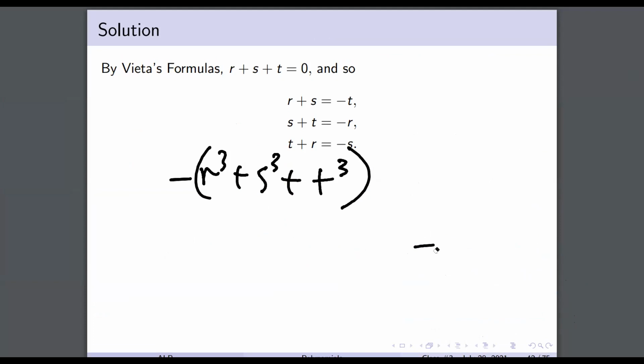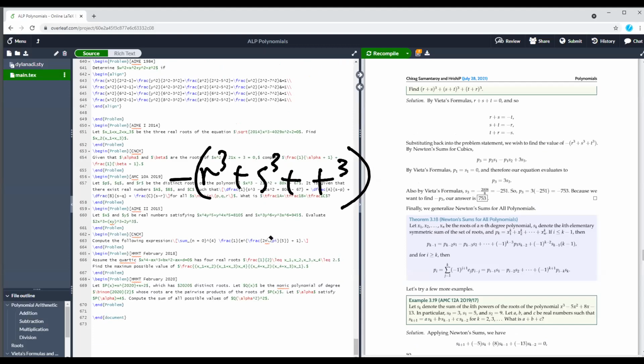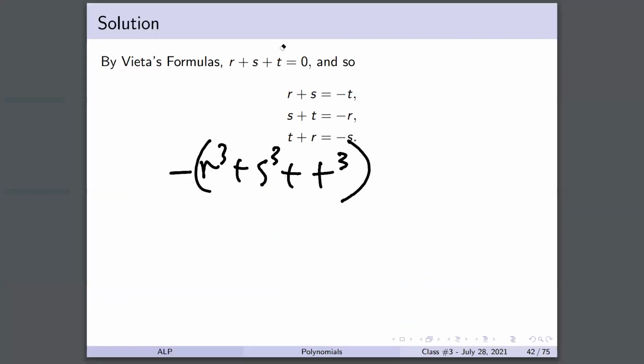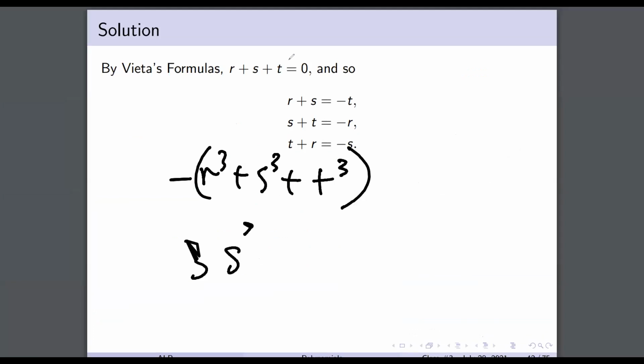We can use a symmetric sum for cubes, and basically that's going to give us 3 times s of 3.